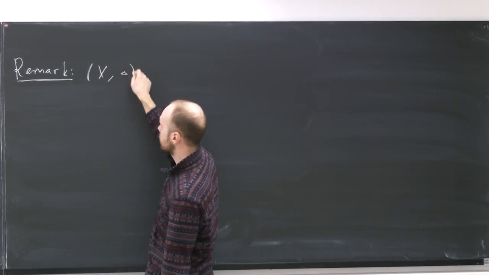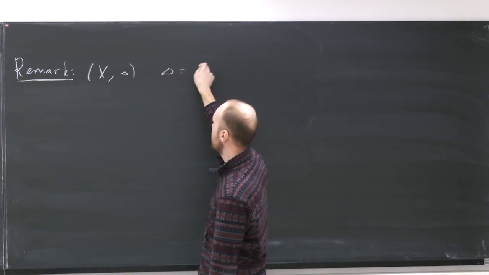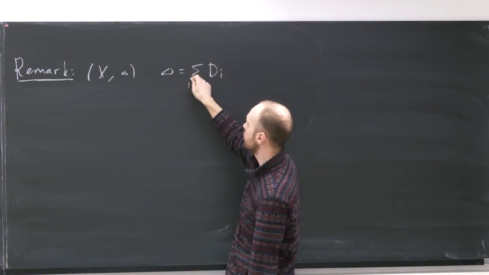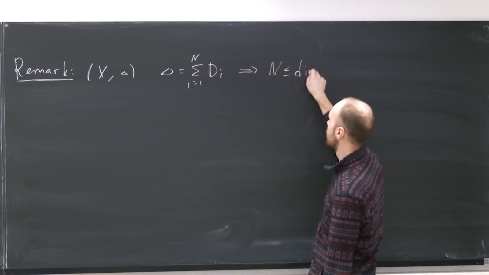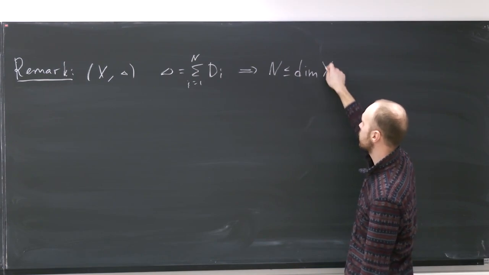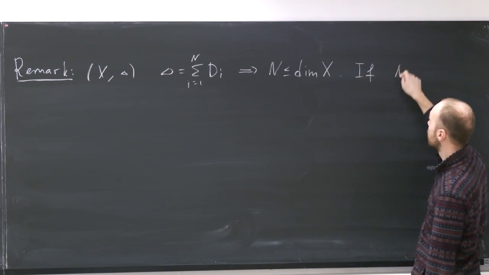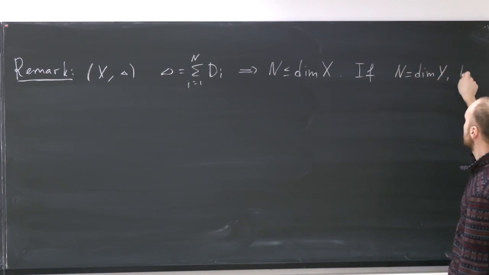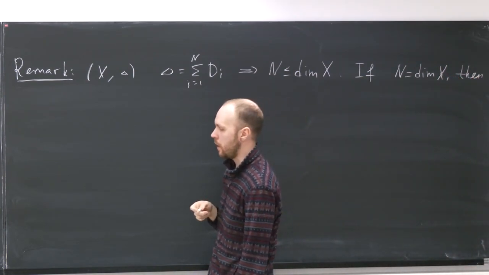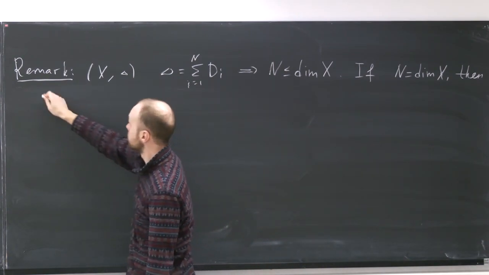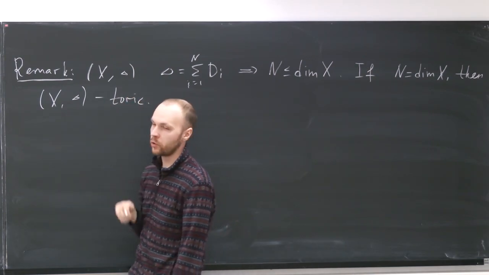So if (X, delta) is a log-smooth log-Fano pair in this sense, then if we write that delta is equal to the sum of D_i, then one can show that n is bounded by the dimension of X, and if this bound is attained, then one can describe the geometry of such a pair rather explicitly, namely, in this case, this pair is toric, which means that X is a toric variety.